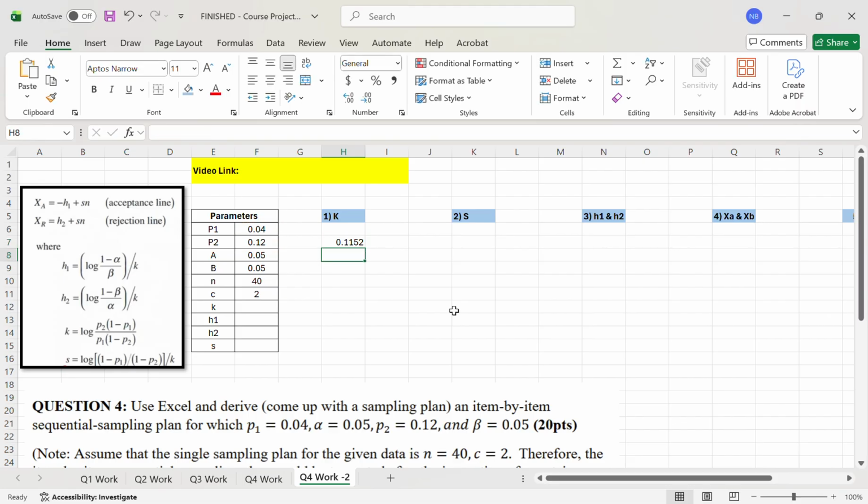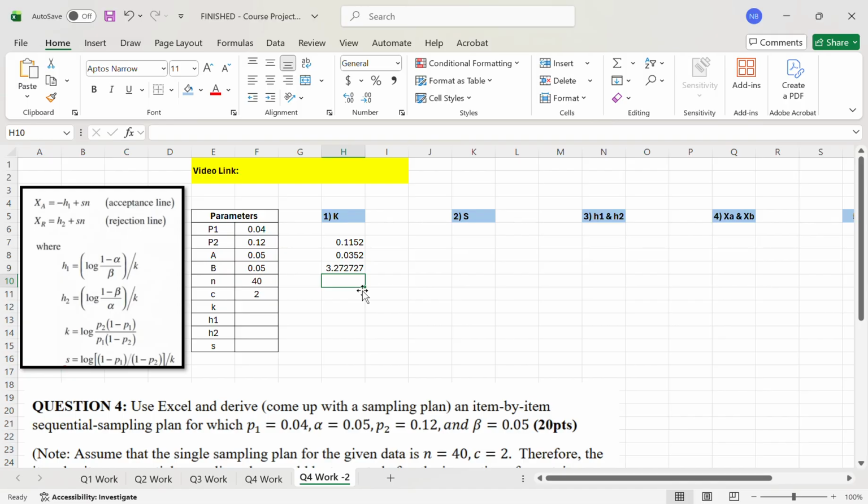Next, we're going to do the denominator: P1 times 1 minus your P2 value. Once you have those, we divide numerator over denominator, and here we get 3.27 repeating.